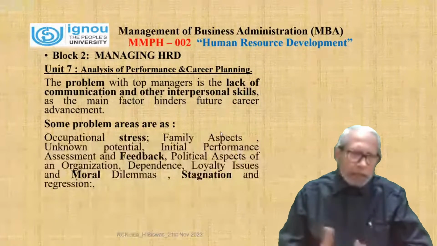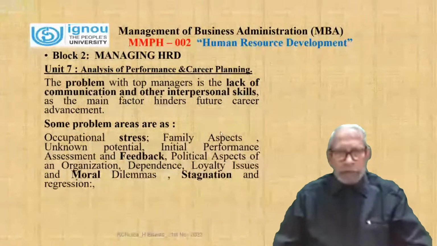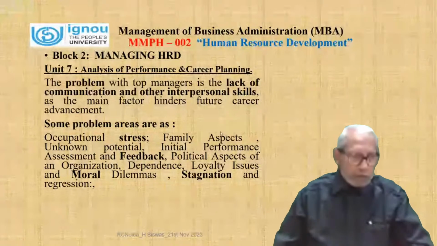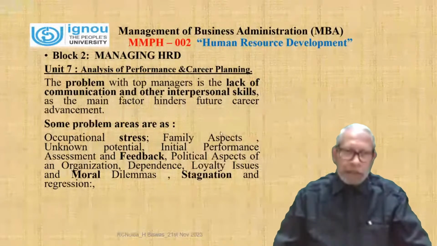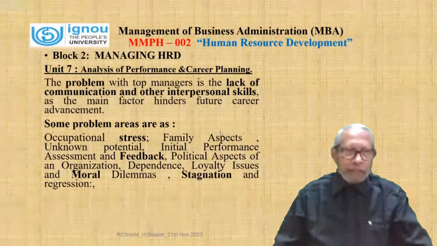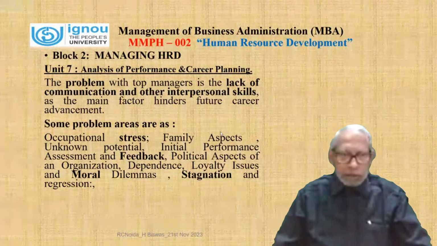So that has to be minimized. And then feedback and assessment: through these you can get a certain idea of what is going on in the employee's mind, so that you can take some action, or if any change is required, you can change it.